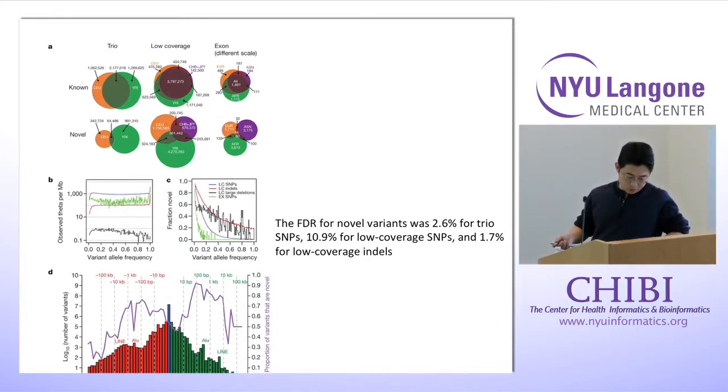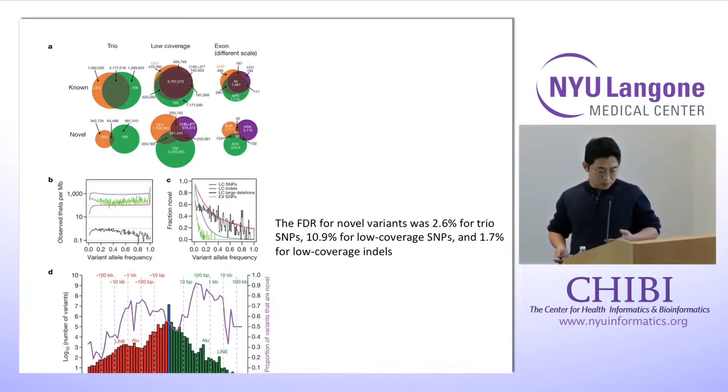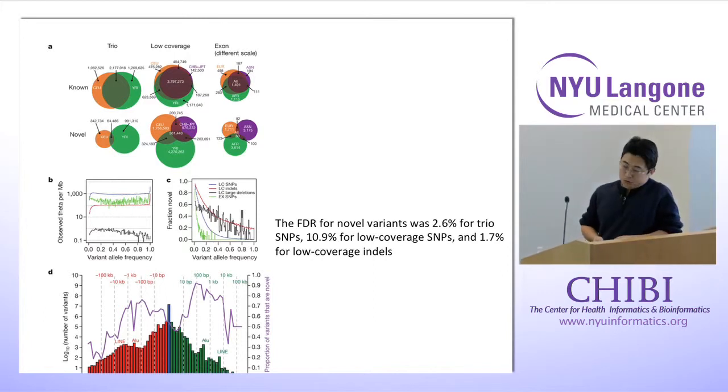Also, for the number of mutations discovered from the different data sets, unsurprisingly we see a lot in the low coverage sequencing data set. So when we use the data, we have to consider how reliable the SNP calls are from the 1,000 genome.